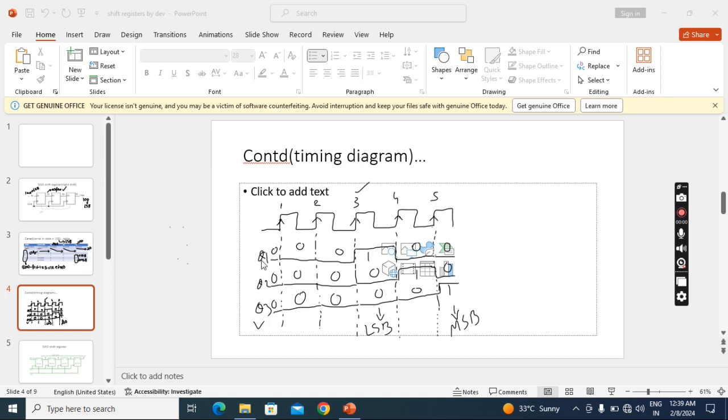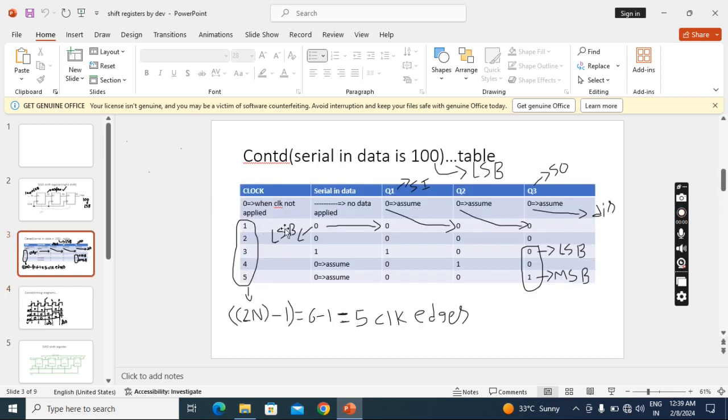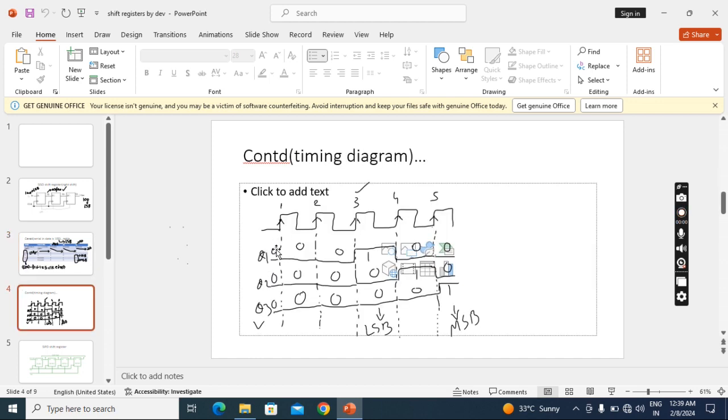Before applying the first clock pulse, when we have not applied any clock pulse, what is the output of each flip flop? Q1 is 0, Q2 is 0, Q3 is 0. All are zeros. You have to write it like this.